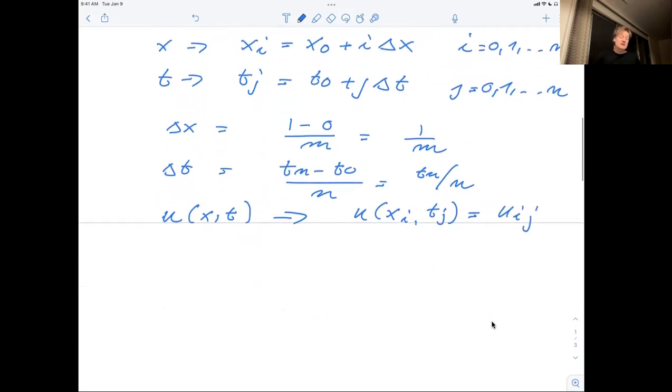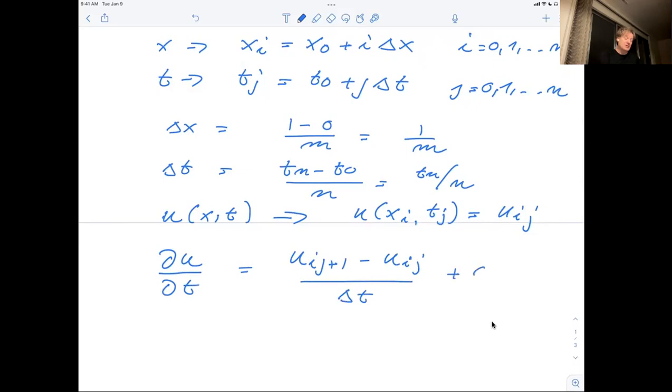Now, the next thing we need to do is actually to set up the derivatives. So we can now approximate the first derivative, du dt. That can be written with a forward moving algorithm, which would be Euler's forward algorithm. And we can rewrite this as u of i, and then we have j plus 1, so we move ahead one time step, minus u of i of j divided by delta t.